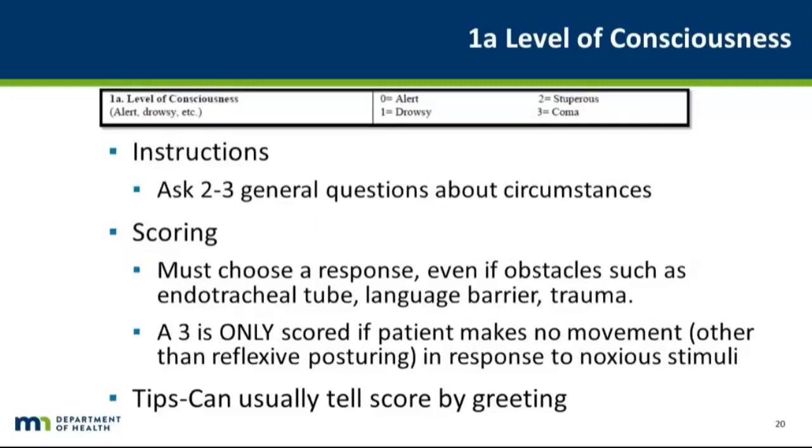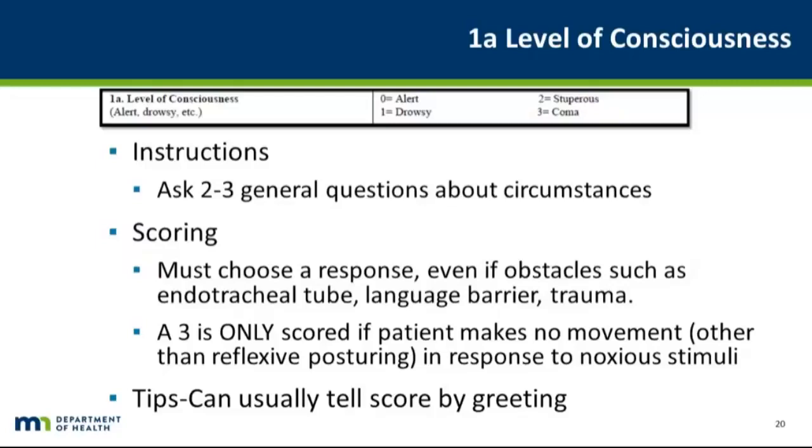For the first element of level of consciousness, 1A, ask the patient 2 to 3 general questions about the circumstances of their current situation. You can't skip scoring any of the elements, so you must choose a response, even if obstacles such as an endotracheal tube, language barrier, or trauma are present. To score a 1, the patient would be drowsy, not really alert, but arousable by minor stimulation.